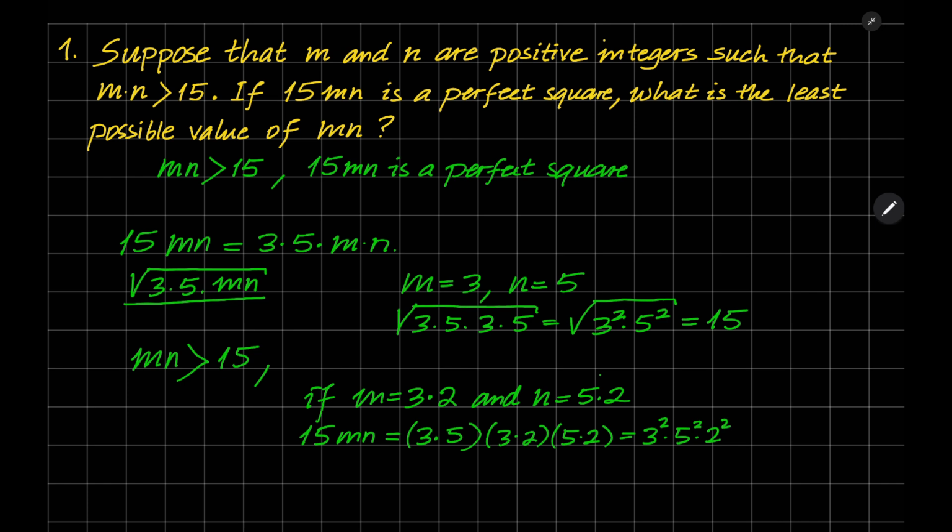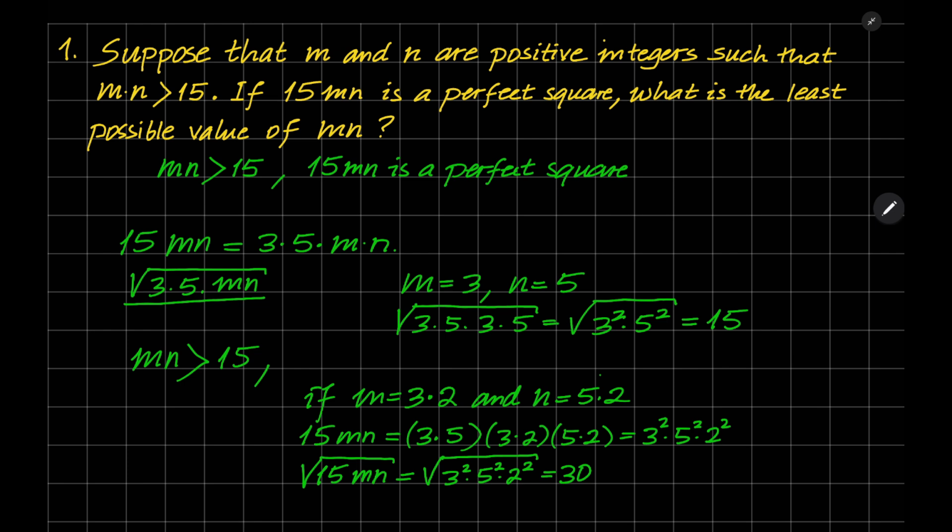In that way, the square root of 15mn will be the square root of 3 squared times 5 squared times 2 squared. This is equal to 30.